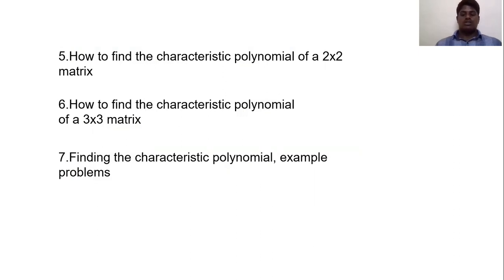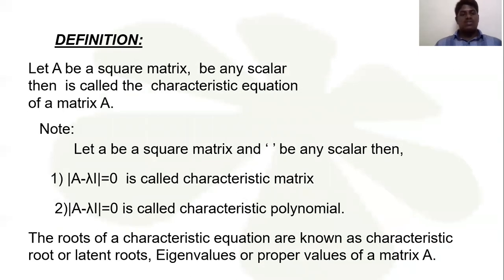Let's go to the introduction. Definition. Let A be a square matrix and lambda be any scalar, then det(A minus lambda I) equal to 0 is called the characteristic equation of A. Note: A minus lambda I is called the characteristic matrix.